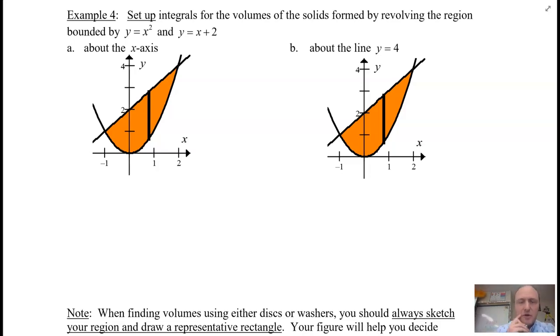So again, ask yourself, okay, what is my big R? And what is little r? So in this case, the big radius, I'm rotating about this axis. Your big R is going to go from here all the way to here. So that would be my top function, which is x plus 2.